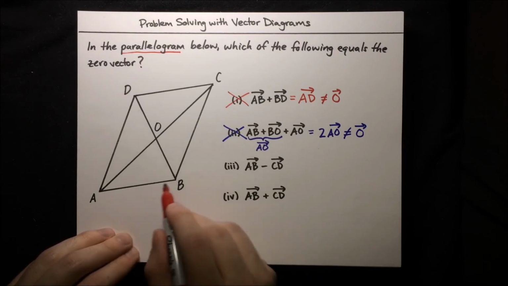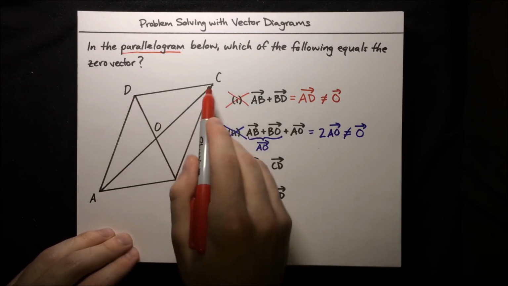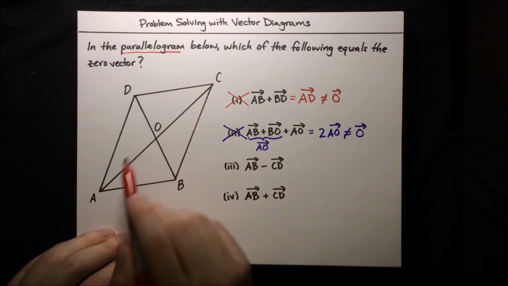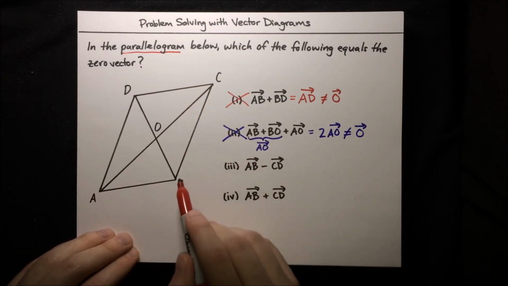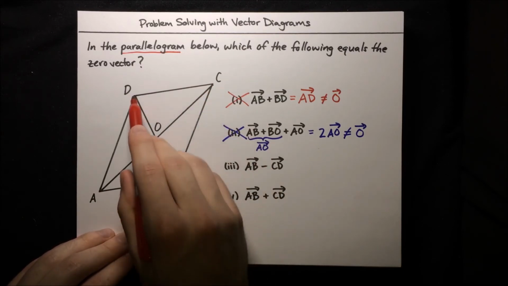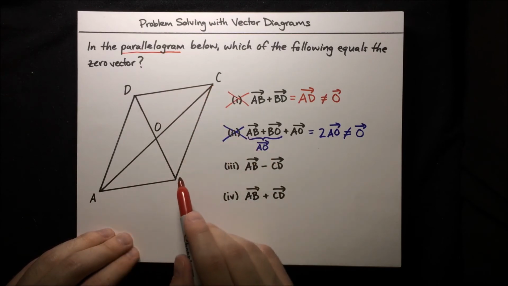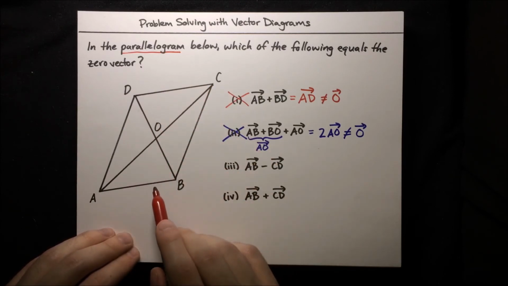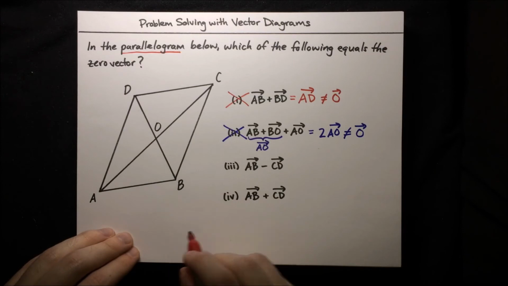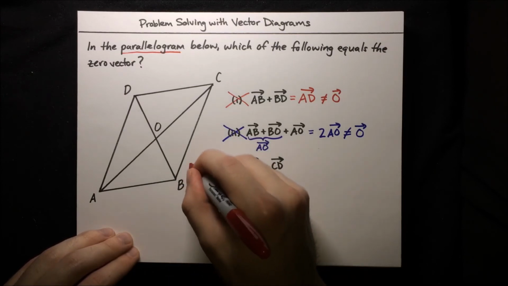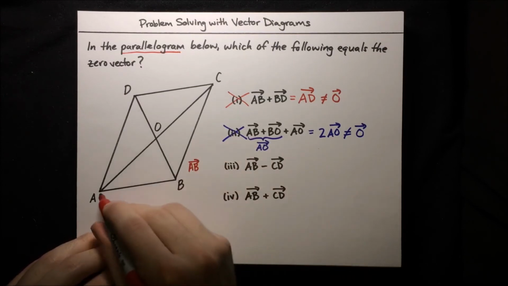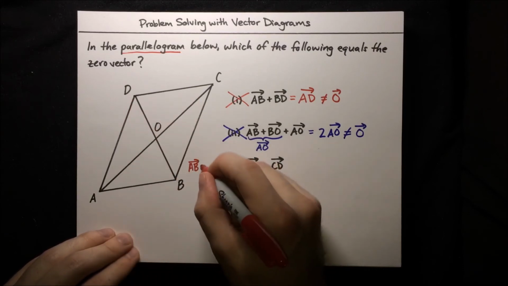So the vectors AB going from A to B and DC going from D to C, these have to be the same vector because they have the same direction. From A to B is parallel to from D to C, and they have the same magnitude. So yeah, they're the same vector. So let's write that. Why don't we write it over here? Vector AB, this vector, is congruent to vector DC.